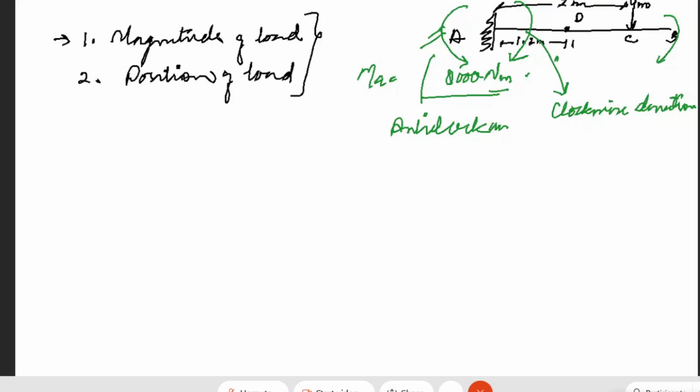These two things are the primary things in order to understand or draw the bending moment diagram of any member.